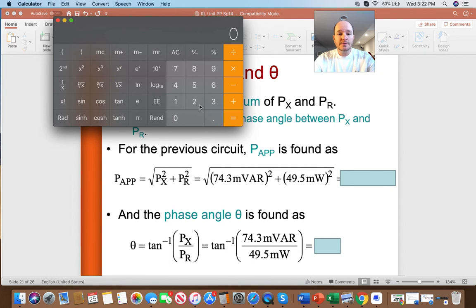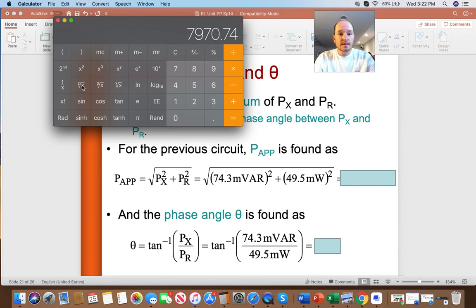So I'm going to take 74.3 squared plus 49.5 squared. I'm going to equal that out.